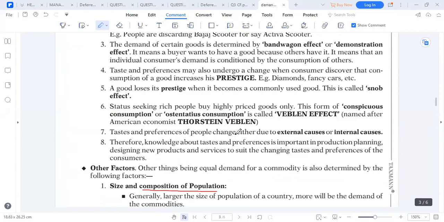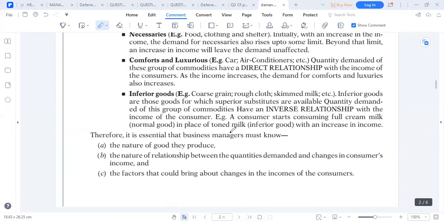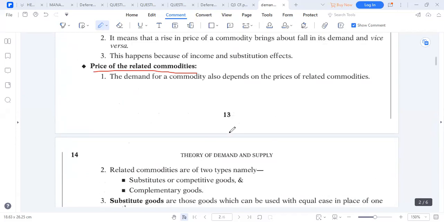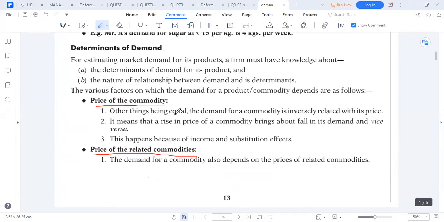Now to digest them quickly, how does price affect demand? To start with, we need to understand that demand has an inverse relationship between the price of a commodity and the demand for it. This is extracted from the law of demand.